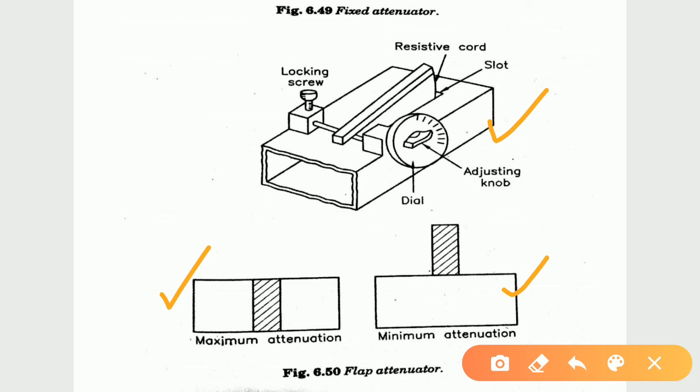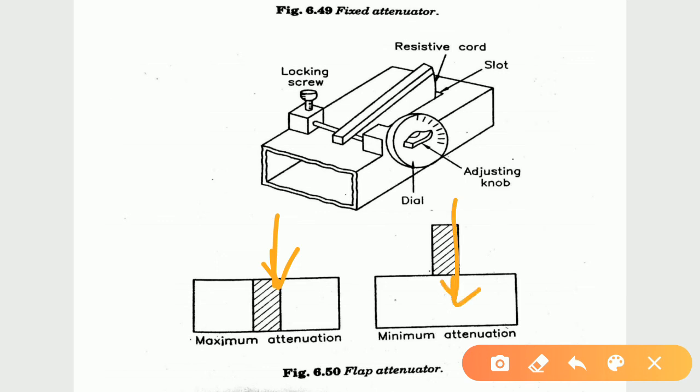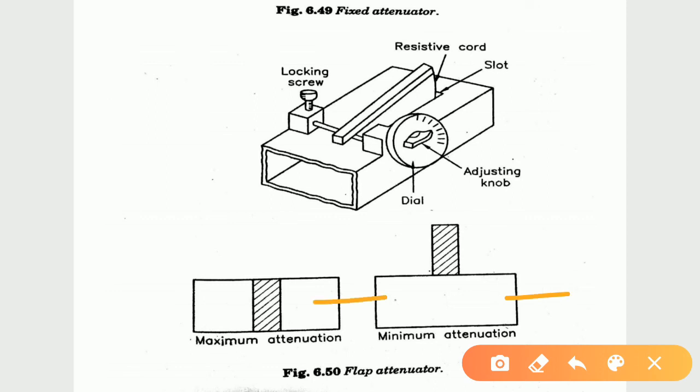There is also one other type of attenuator, that is the vane attenuator. There is one slight difference. For the flap attenuator, the insertion of the probe or the disc is vertical, so we adjust vertically, and in the vane attenuator there will be horizontal insertion of the disc from this side.